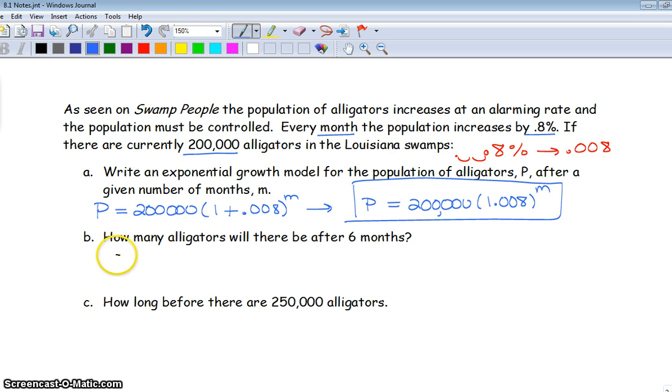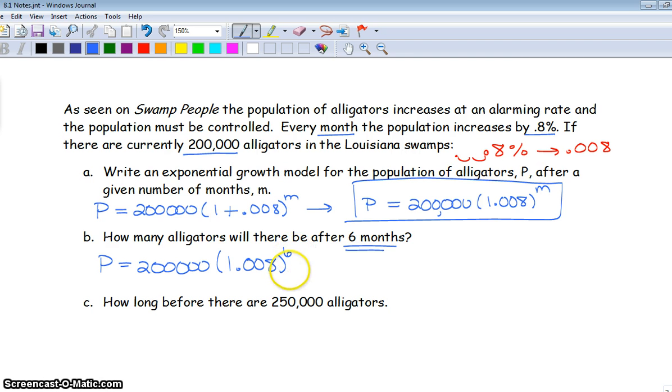Okay, so next we want to find out how many alligators there are going to be after 6 months. We have two variables. We've got P, we've got m. Clearly 6 months is representing our m value, so we plug it in. 200,000 times 1.008 raised to the m, and m is 6.